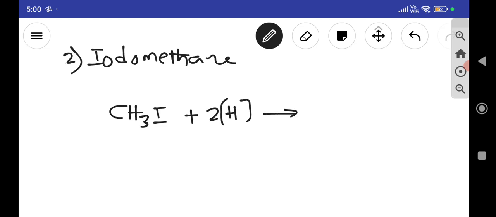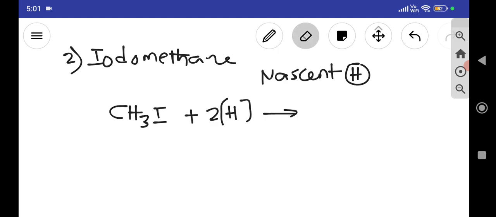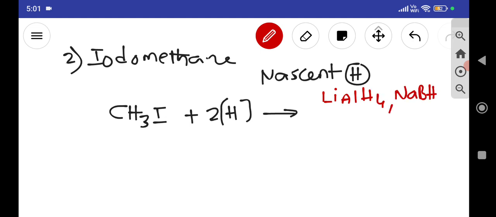When you add hydrogen like this, these are called nascent hydrogens, and nascent hydrogens are added when you use lithium aluminum hydride reducing agent, otherwise you can add sodium borohydride. So they give 4 nascent hydrogens.